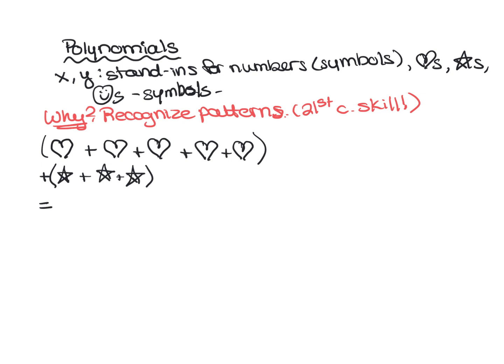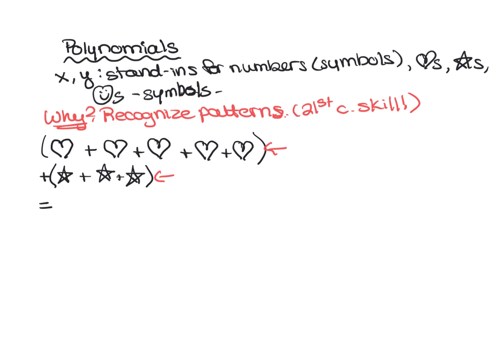Now, what is a polynomial? A polynomial is when we add or multiply a bunch of symbols together. So here I have a string of symbols, hearts, that I've chosen to add together. I don't have any multiplication, and a bunch of stars that I've chosen to add together.